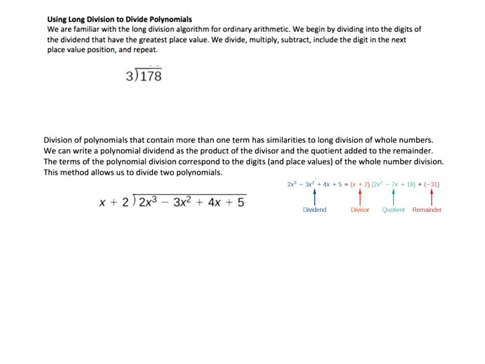Now, I want to put that 5 in the tens column because I had to use the entire value 17 to begin my estimation. So my first step is to estimate. My second step is to multiply down.